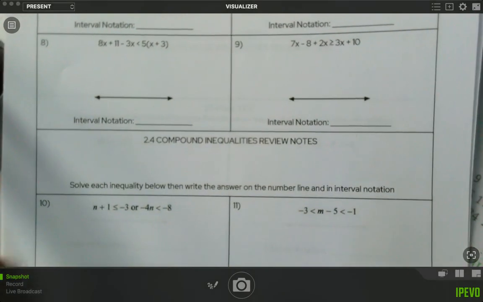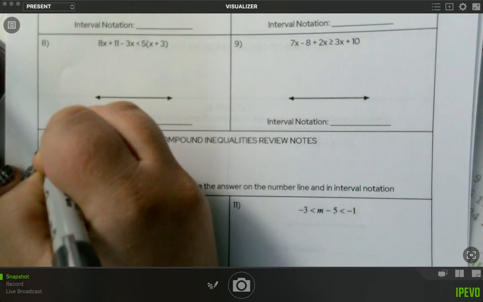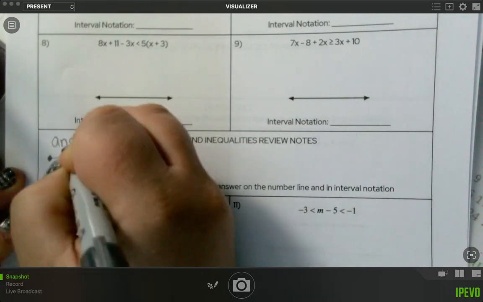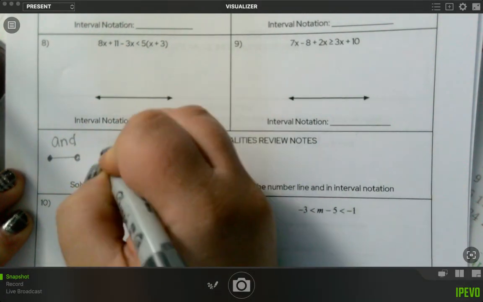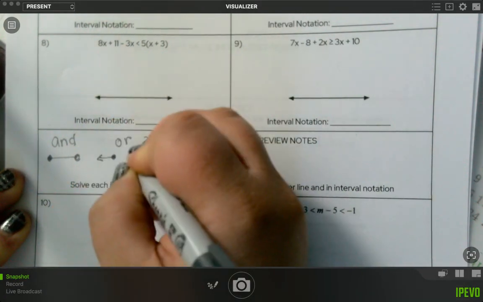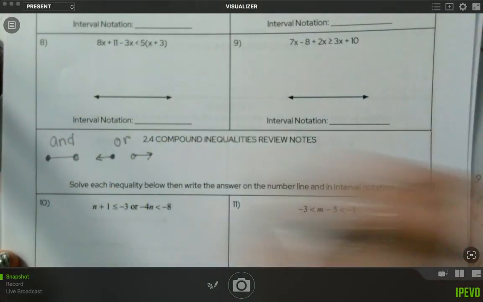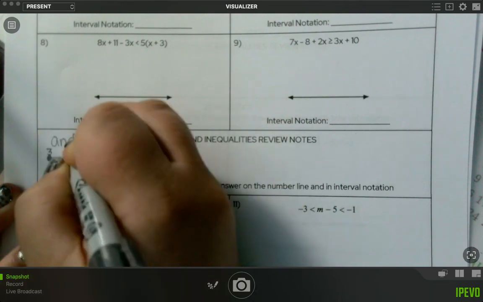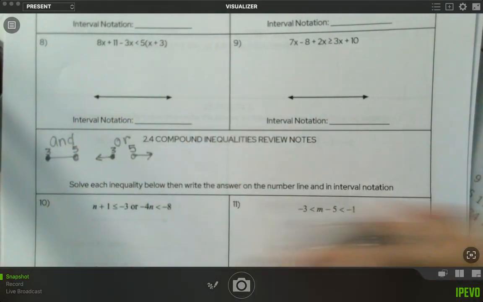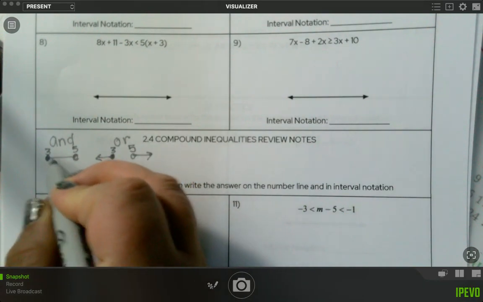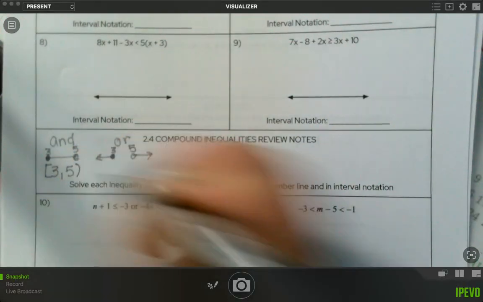Alright, next. 2.4, compound inequalities. The biggest thing is to remember that ands are going to stay in between and ors are going to go opposite directions. Okay, and I'm just going to say this is 3 and 5 on both of them. Okay, because this one, since they go together, would just be 3, 5 for the interval notation.